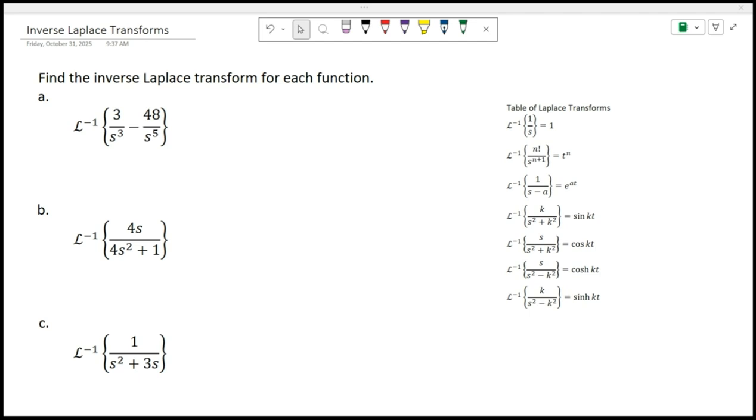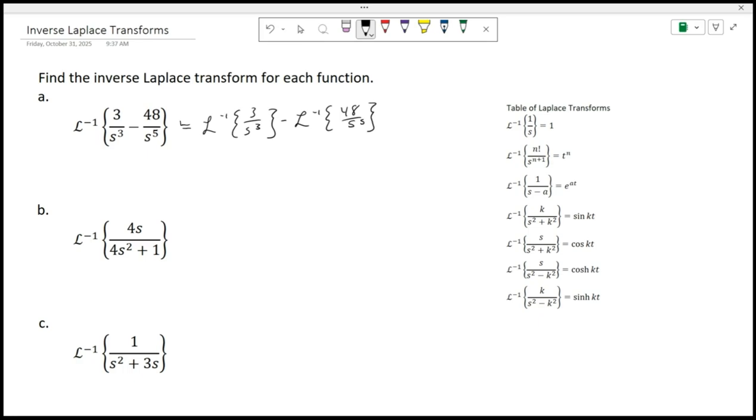to the fifth. Whenever you have more than one term, you can always split this up into a couple of different Laplace transforms. So I could rewrite this as the inverse Laplace of 3 over s cubed minus the inverse Laplace of 48 over s to the fifth, and then I can deal with them each separately.